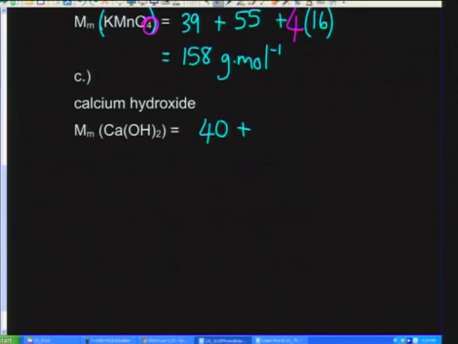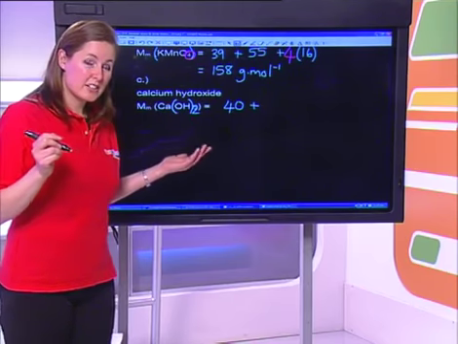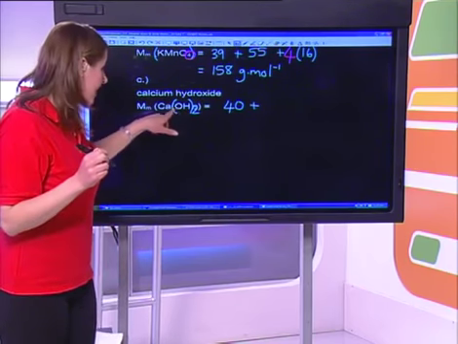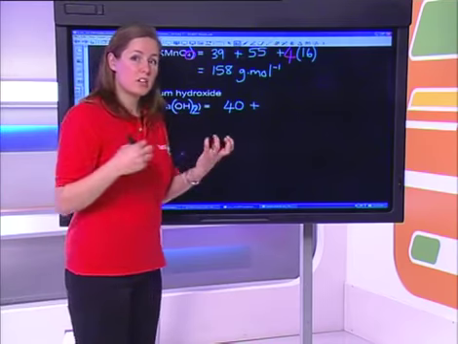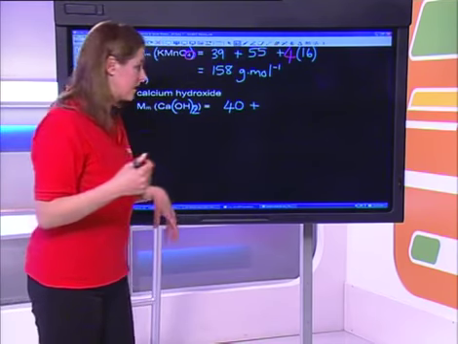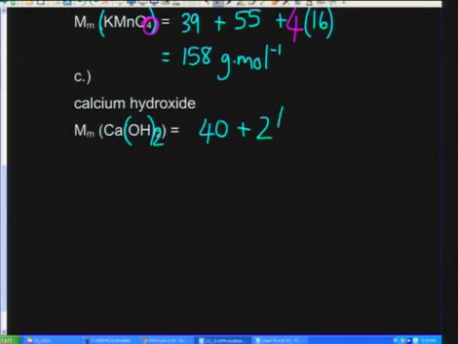Do you notice that within the substance I've got a bracket here, and I've got the 2 on the outside? That 2 is telling me that I've got 2 hydroxide ions, which actually means that I've got 2 oxygens and 2 hydrogens. So I need to multiply the whole thing, 16 plus the 1 for the hydrogen, by 2.